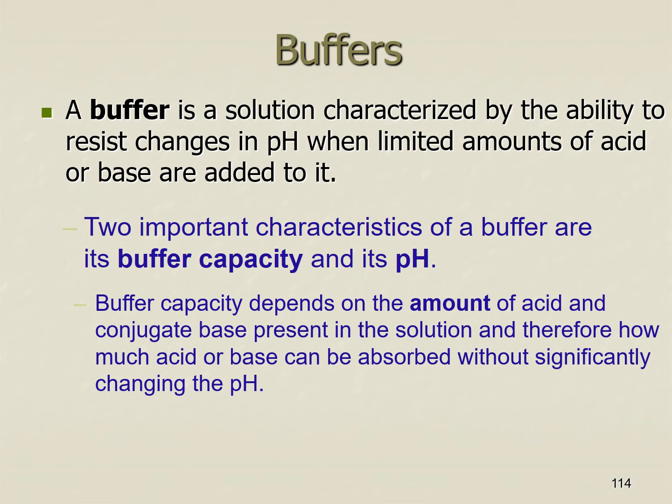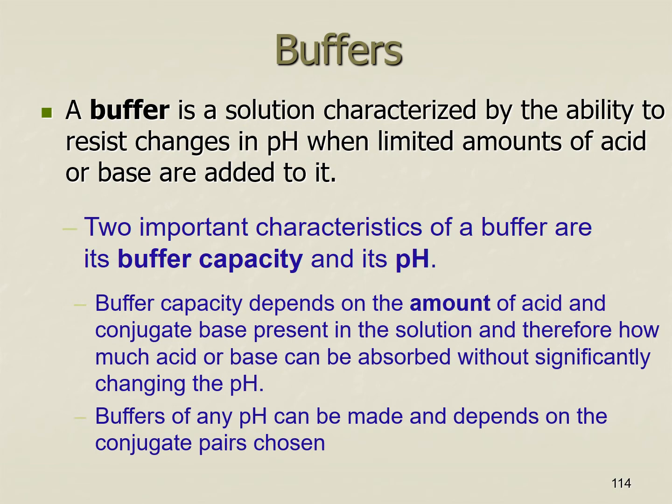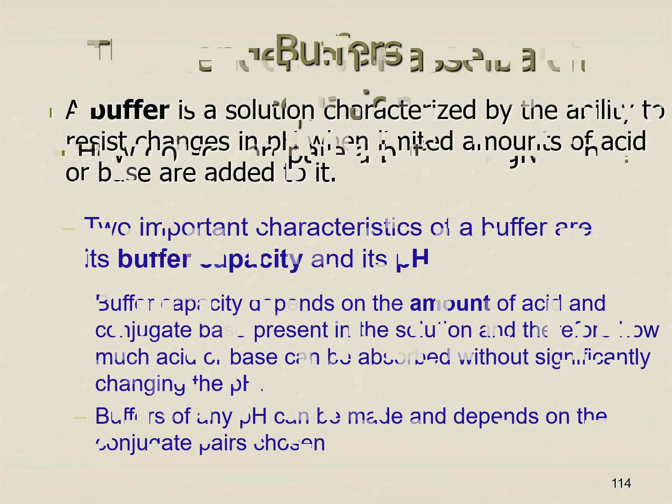So buffer capacity is how much acid or base can you absorb before the buffer breaks down. And then you can actually have a buffer at any pH. It doesn't have to be at pH 7. It can be at any pH, and it will depend on the conjugate pairs chosen.